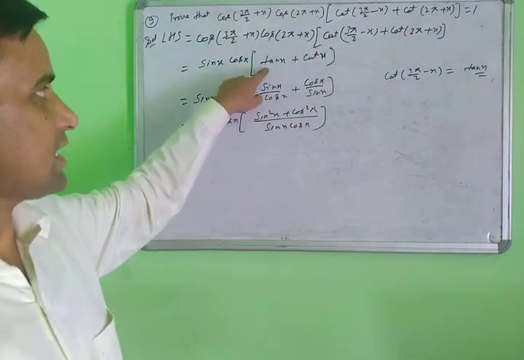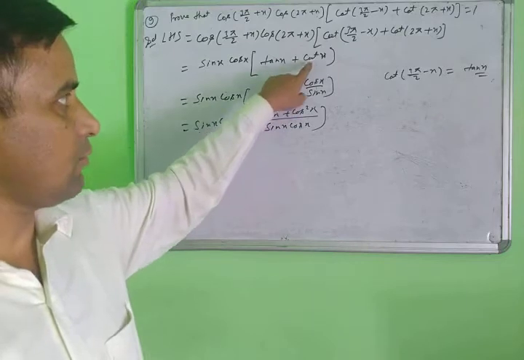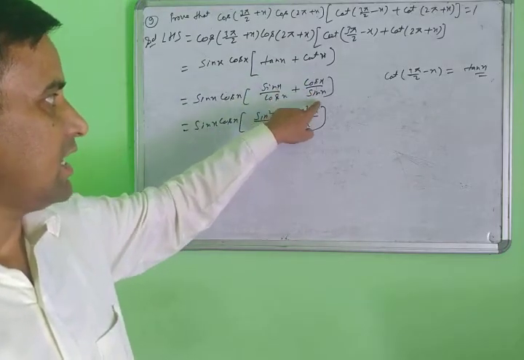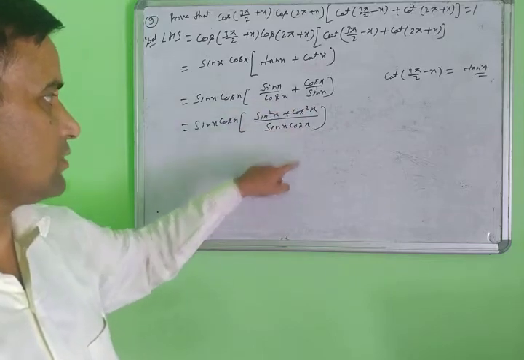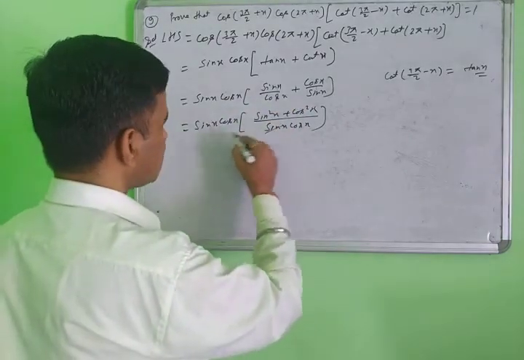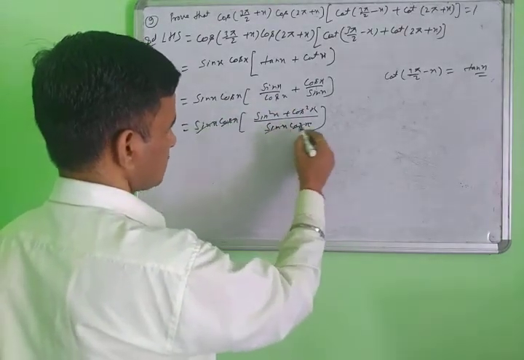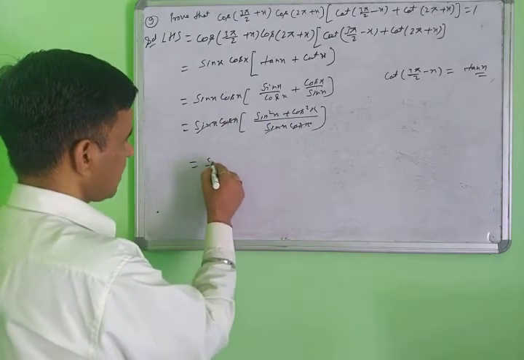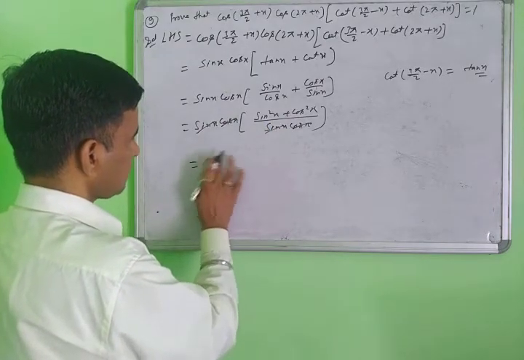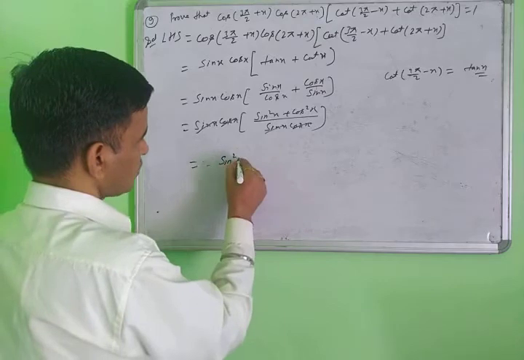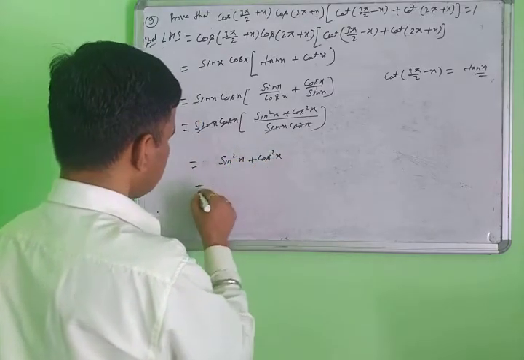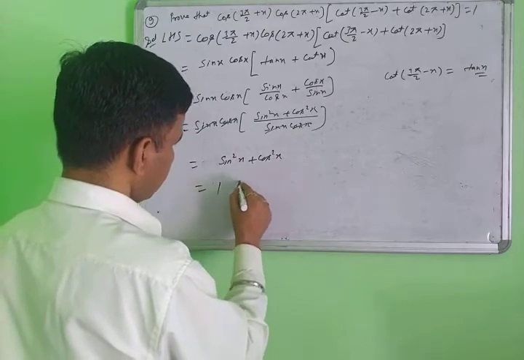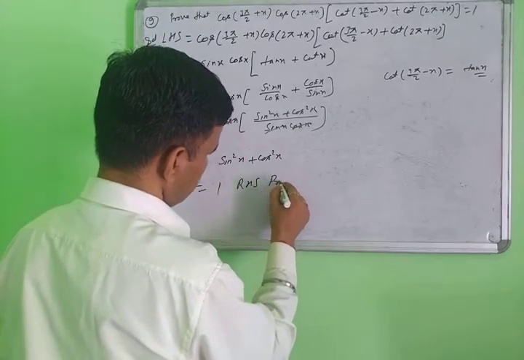What is the formula of tan x? Sin x upon cos x, and cot x is cos x upon sin x. Taking the LCM, the numerator is sin square x plus cos square x, and the denominator is sin x cos x. This sin x will cancel, and cos x will cancel cos x. What is left here? Sin square x plus cos square x. The result here comes as 1. And this is your RHS, so it is proved.